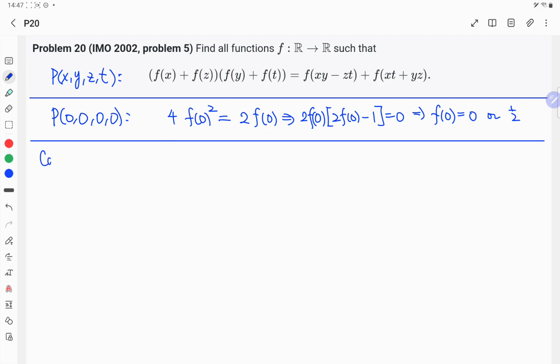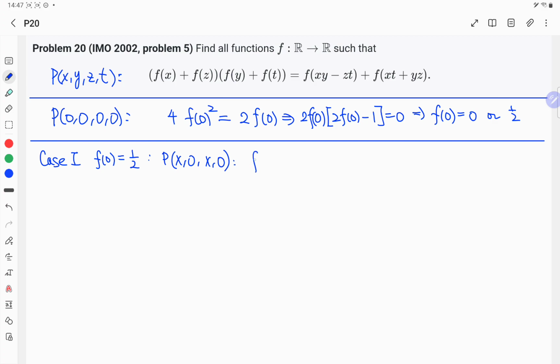For the first one, let's pick f(0) to be 1/2 because it will be easier to go on. So let's try to pick P(x, 0, x, 0).